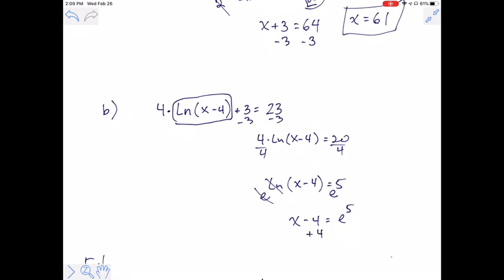And to get x by itself, we're going to add 4. So x equals e to the 5th plus 4. This, as with some of the problems we've done, would be considered the exact form of the solution. If the book or test asks for the approximation, you would type this into your calculator and get the approximation.